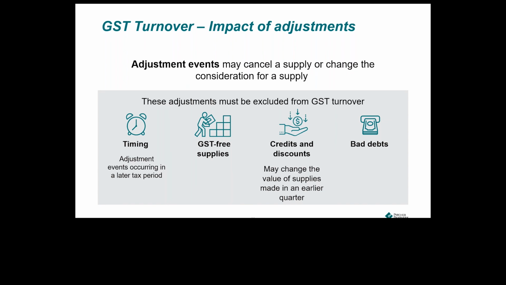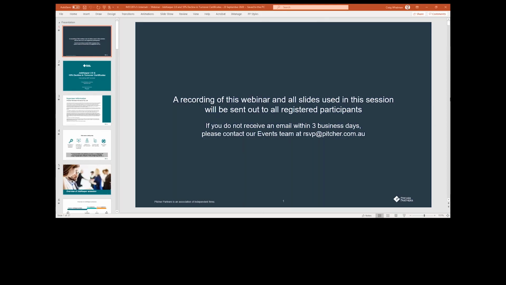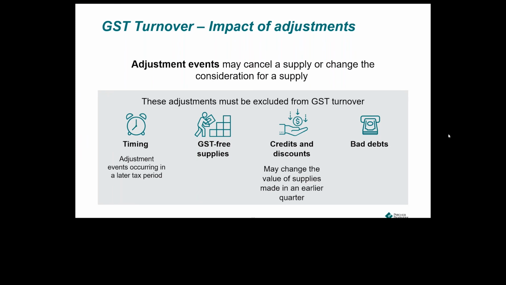However, for JobKeeper purposes, because that credit note adjusts the value of a supply that's been made in a previous quarter, let's say the quarter ended 30 June, then that adjustment has to actually be excluded from your turnover for JobKeeper purposes.